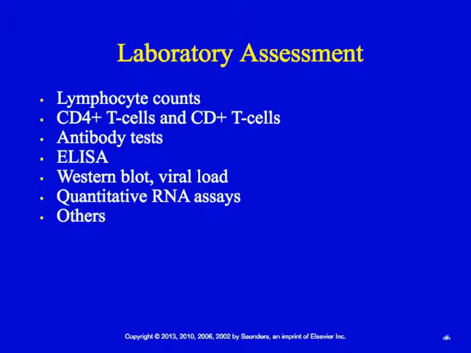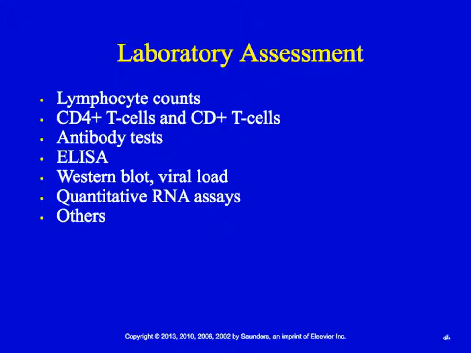The interesting thing about the antibodies that we build up for HIV, though, is we don't typically start making the antibodies for 3 months after the infection first occurs. And then some people, the antibodies are not made for a very long time. It can be up to a year after they are infected with the virus. So these antibody tests are not going to show up right away.